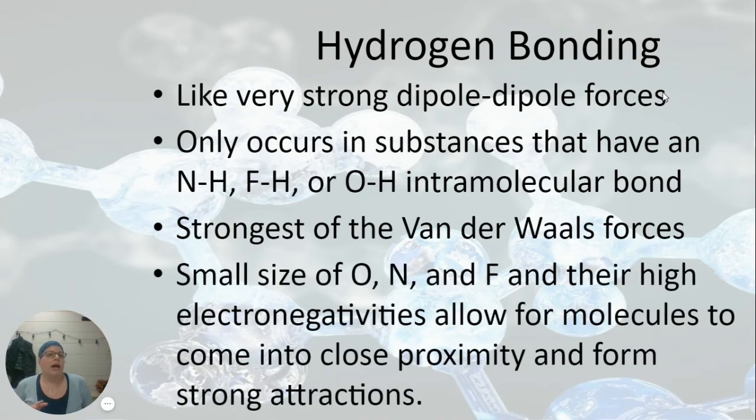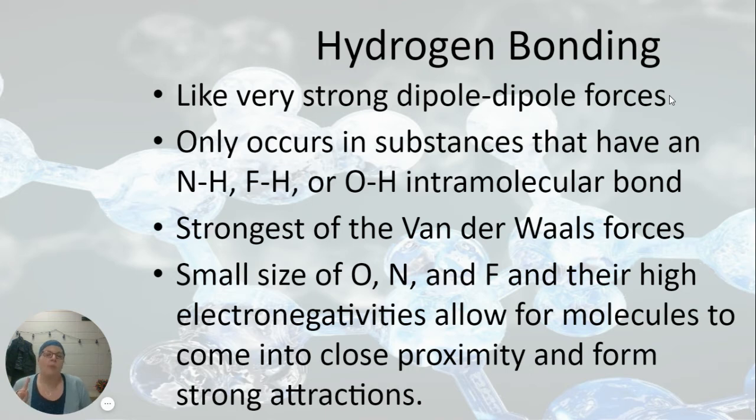Now, the reason why hydrogen bonding is so strong and so unlike the rest of them is that it is a very polar bond because you're dealing with elements that have high electronegativity. So it only happens in elements that have H connected to F, O, and N. And those are some of our highest electronegativity elements on the periodic table.